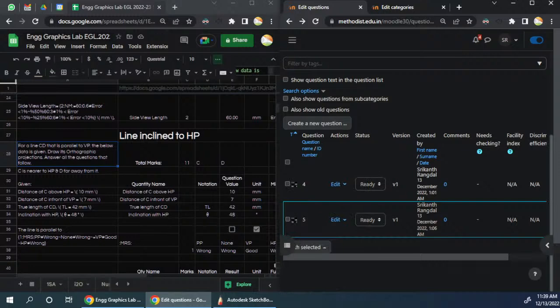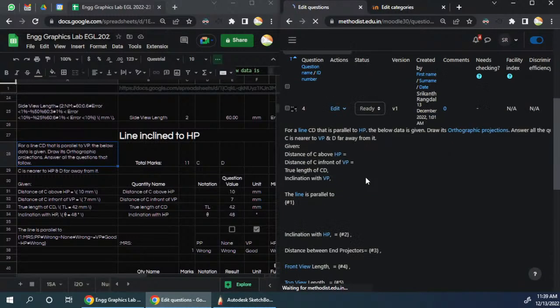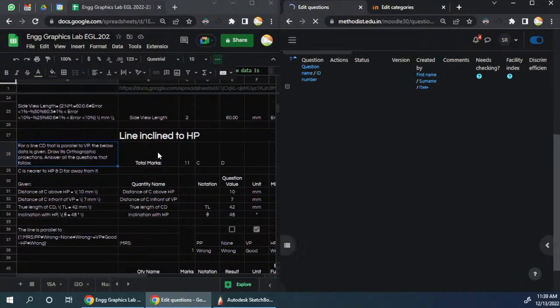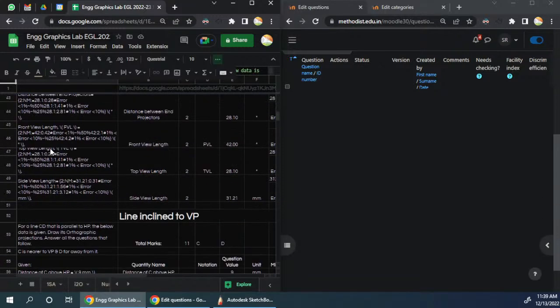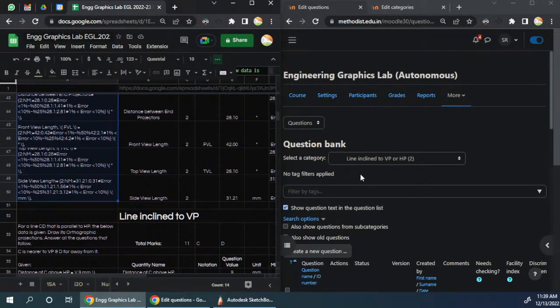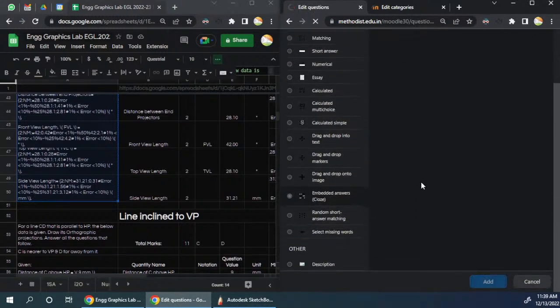Added. I'm not sure what they are. So the question, incline to VP is added. Incline to HP added. Slow down again.